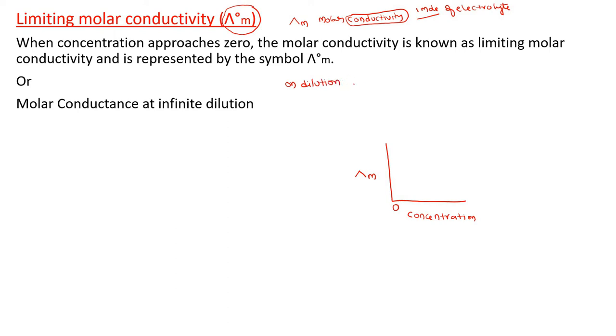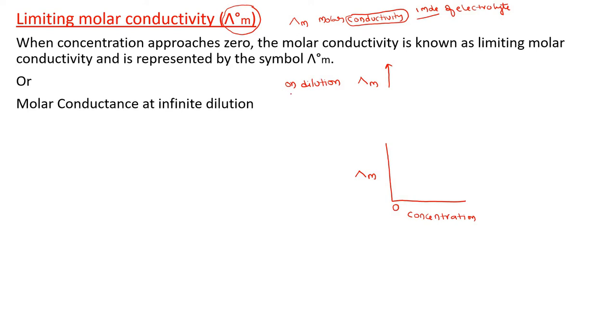On dilution, molar conductance increases. The reasons we already discussed a number of times in past videos. On dilution, the attractive forces between the ions decrease so that they can move very fast.